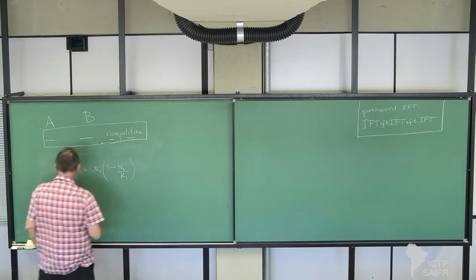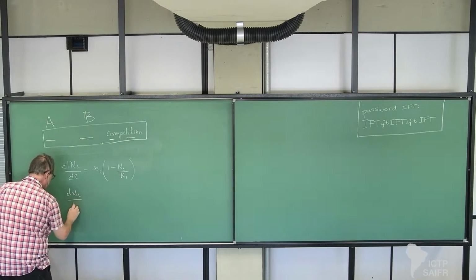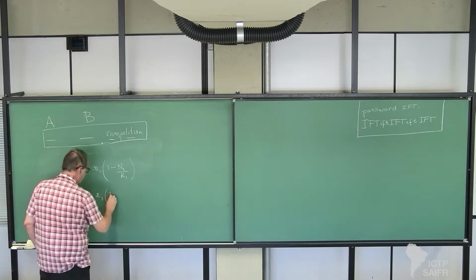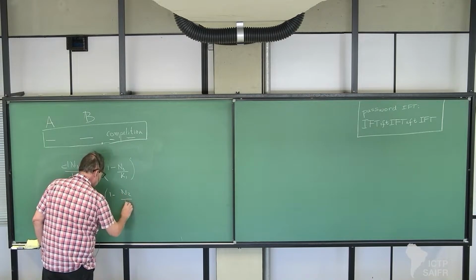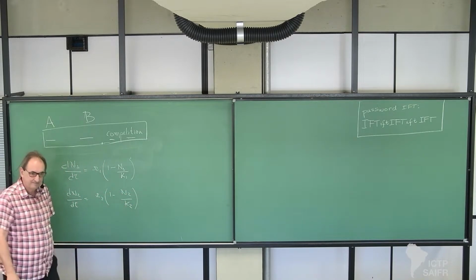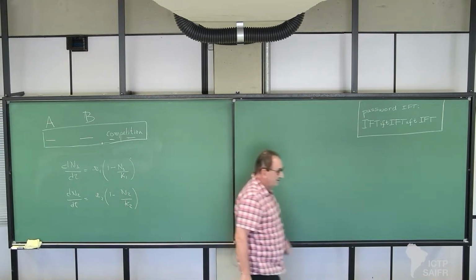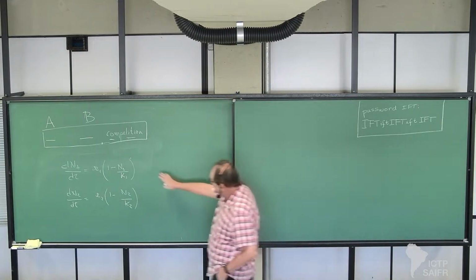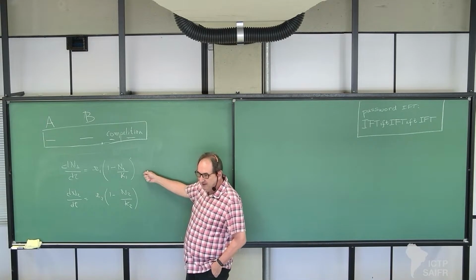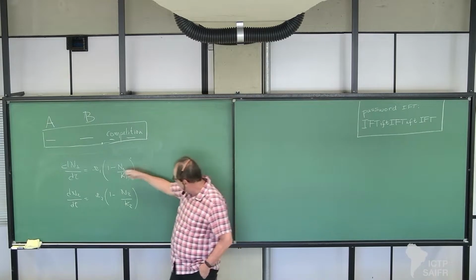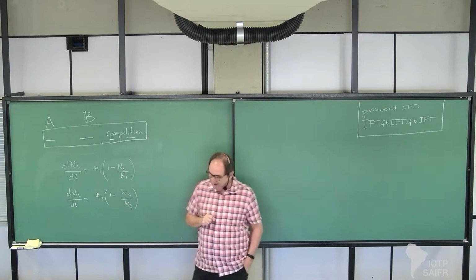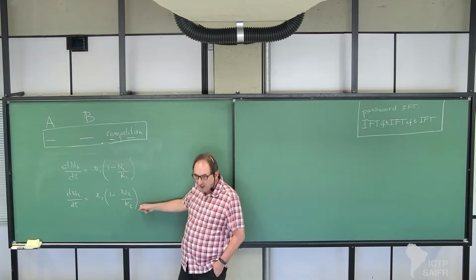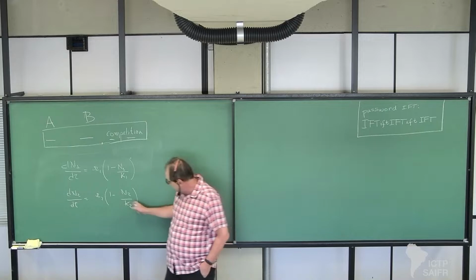And dN2/dt has some R2 times 1 minus N2 over K2. Now I want to put something on this side which depends on N2 and gives a negative effect on this, and the same thing here, something which depends on N1, which has a negative effect on this.